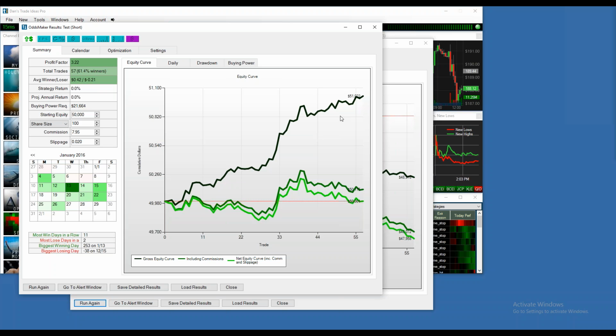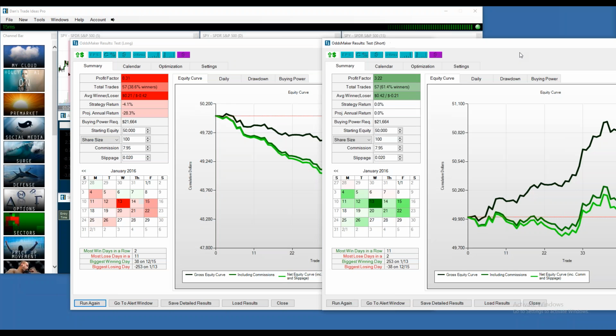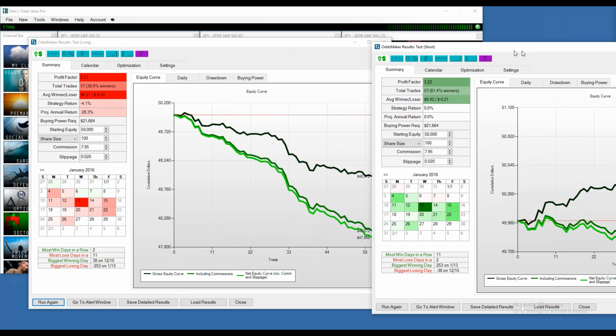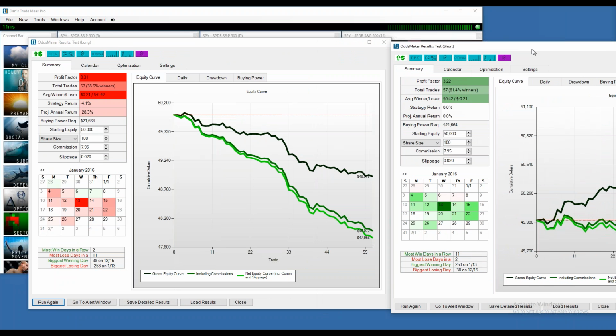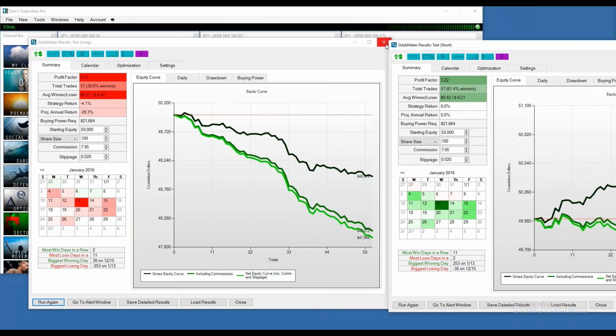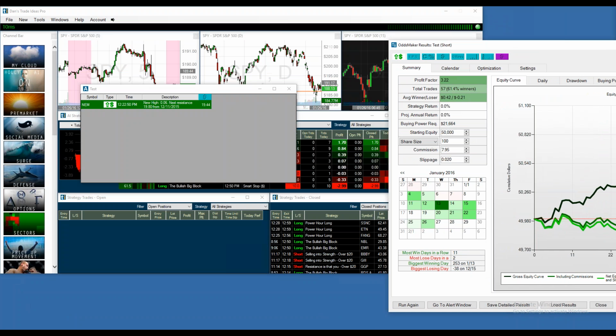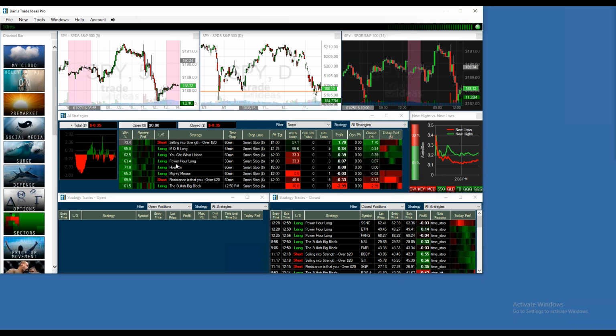Why are we all trying to figure out when to buy Twitter or Apple or whatever, when you can see that the path of least resistance in this case is down. So this is what the odds maker was able to tell us. I should not be long this beautiful chart pattern. I should be short.